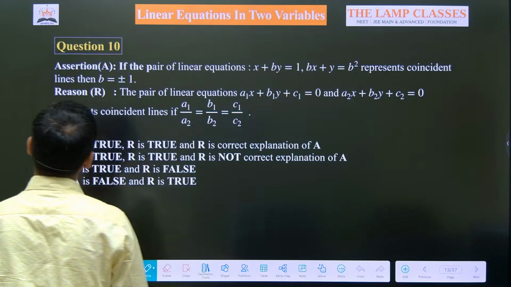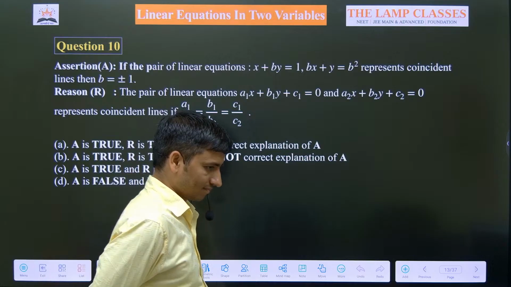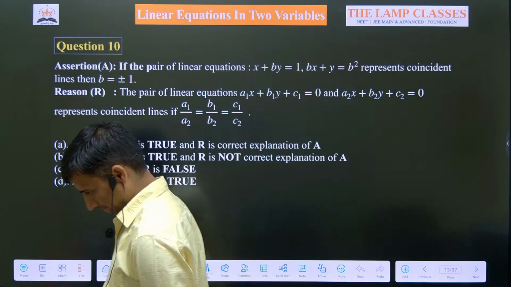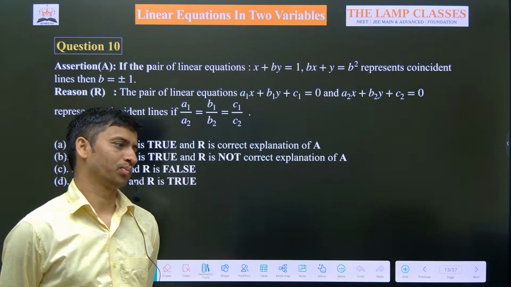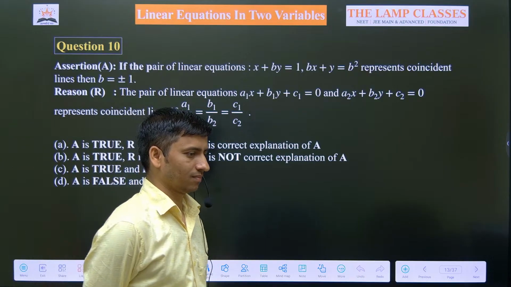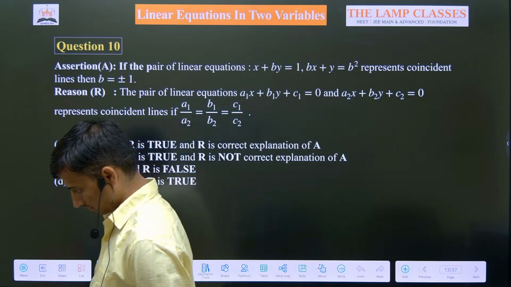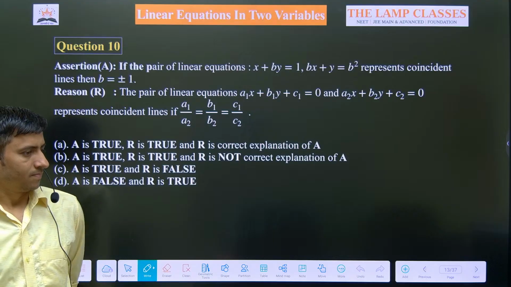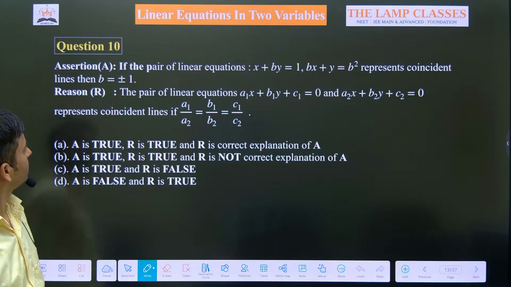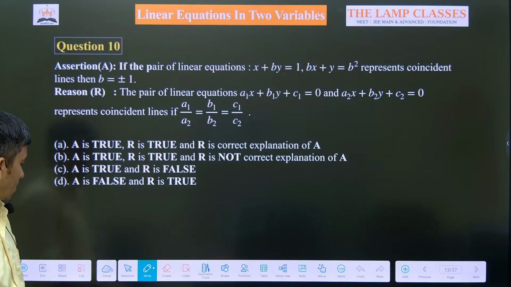Yeah, this is the assertion reason question. This represents coincident lines.